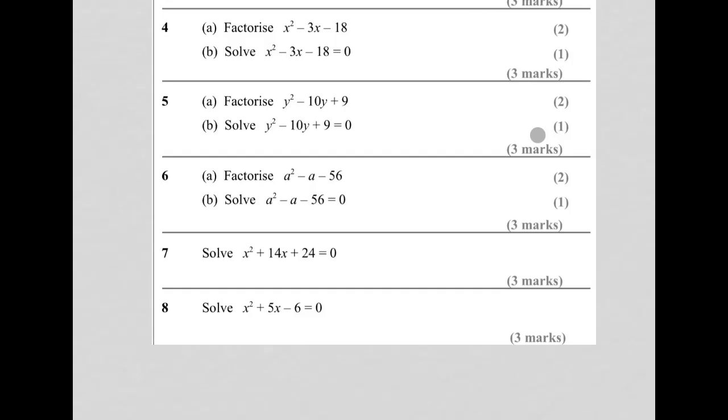You are welcome to ignore the question A, because technically question A and question B are the same. It's just that it's equal to 0. So for example, questions 7 and 8 do that, where they don't tell you to factorize first. It is always a case that you factorize first. So I'd like you to give these 5 questions a go, pause, and then unpause when you're ready to mark your work.